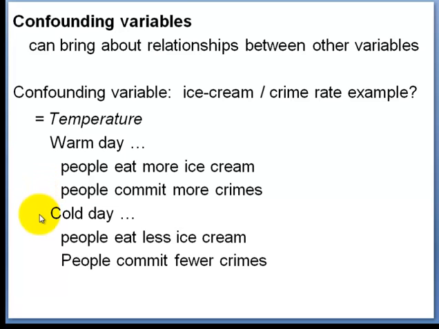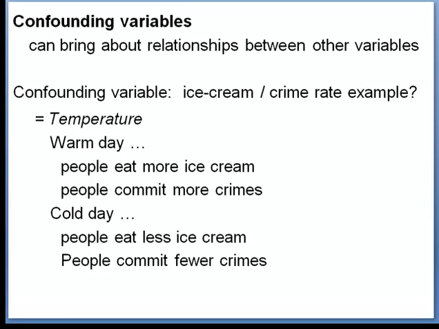On the other hand, on cold days, people eat less ice cream and tend to commit fewer crimes. So the big idea is that third variables, which is to say confounding variables, can bring about relationships between two other variables.